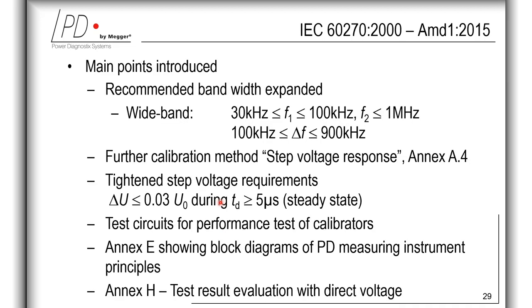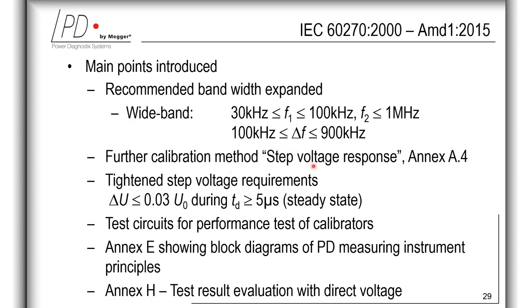So with the recent revision of the IEC 60270 2015, the upper corner frequency F2 is extended to a maximum of 1 megahertz, and a bandwidth was set between 100 kilohertz and 900 kilohertz. With this addendum, the tightened step voltage requirements for calibrators were introduced.